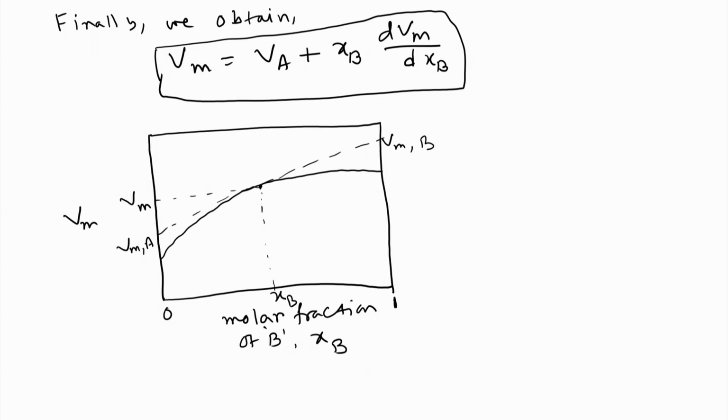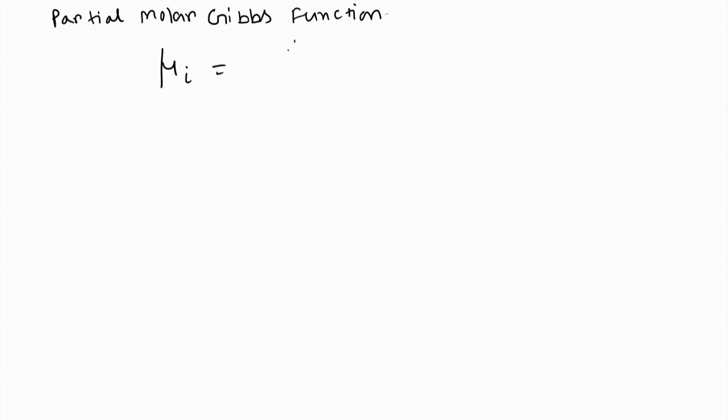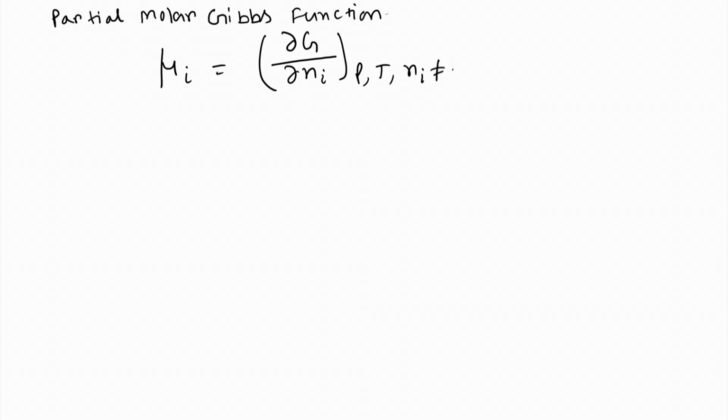Then we calculate partial molar Gibbs function. Okay, so we know mu i is del G by del Ni at constant pressure, temperature, and when Ni is not equal to Nj.